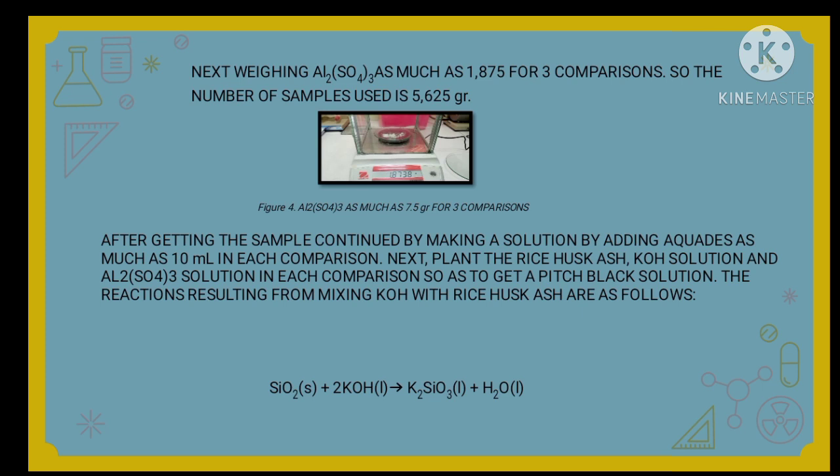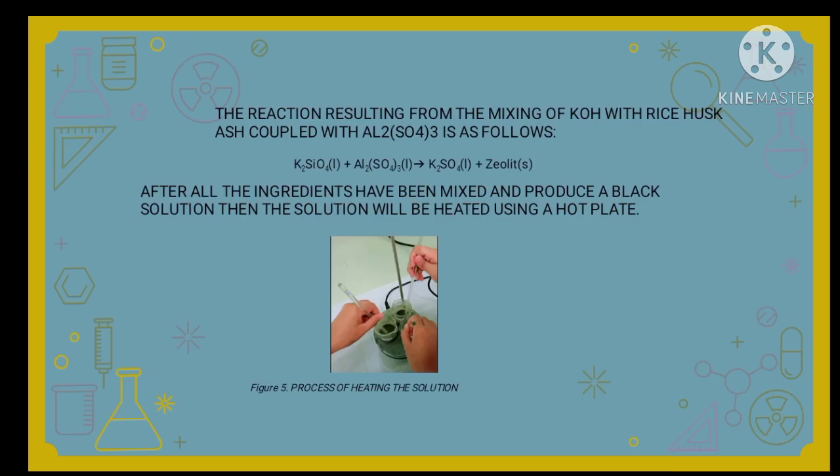The reaction result from mixing KOH with RHA is as follows: SiO2 plus 2 KOH, the product K2SiO3 plus H2O. Next, the reaction from mixing KOH with RHA as a component with Al2SO4 is as follows: K2SiO3 plus Al2SO4, the product K2SO4 plus zeolite.